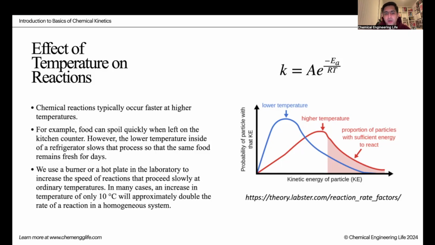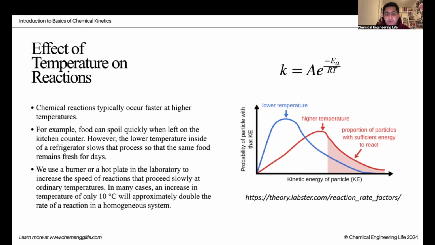So when you're talking about equilibrium reactions, you always have to keep in mind whether your reaction is endothermic or exothermic. But in the very basic rule of thumb, if you do increase the temperature, then your rate of reaction would be a lot faster, with the exception that if you reach a certain temperature, you would actually be reducing the yield of your reactor. So you have to find the balance between the two.